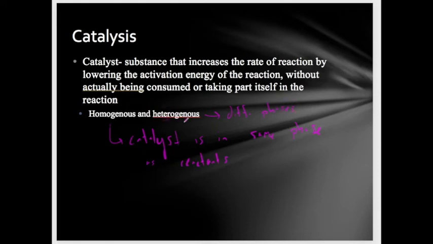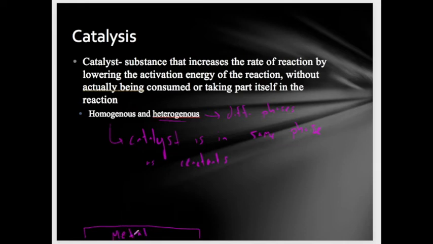One really important example of a heterogeneous catalyst is a metal sheet. So this is how something like your catalytic converter in your car works. It helps to convert some noxious fumes into less toxic fumes, basically. A sheet of metal, like platinum, is a good one for some reactions.